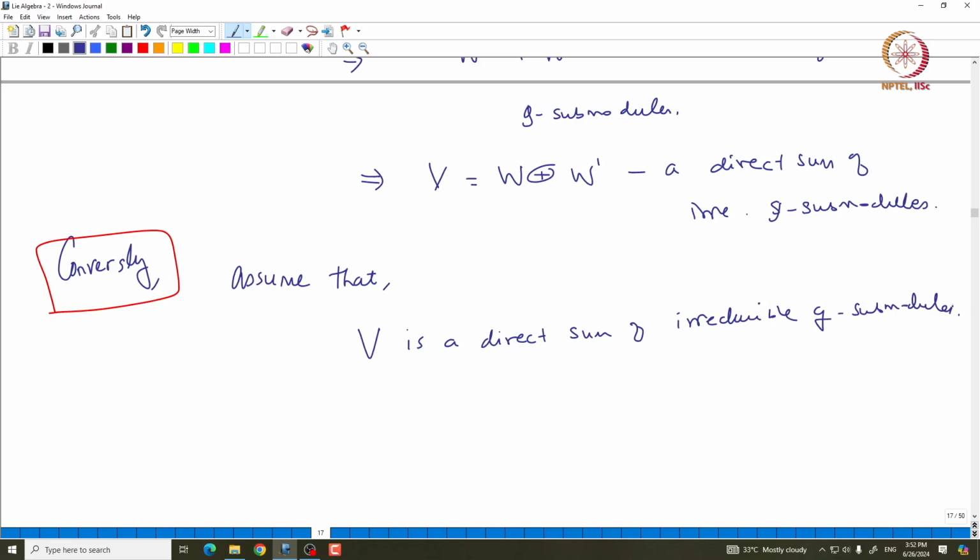So, then what we will do? We look at that direct sum and then pick one of the irreducible submodules that is there in that direct sum. Let us say that is V1. So, V1 is an irreducible G submodule that occurs in the direct sum.